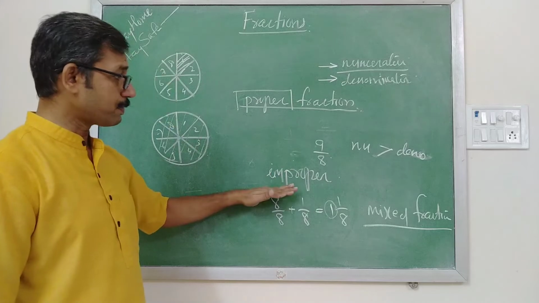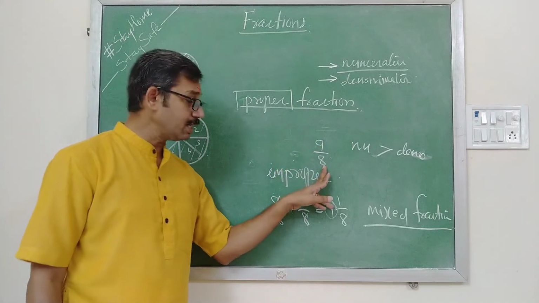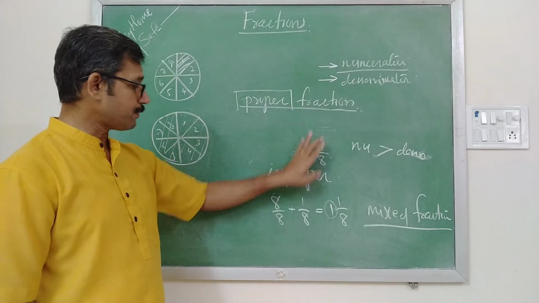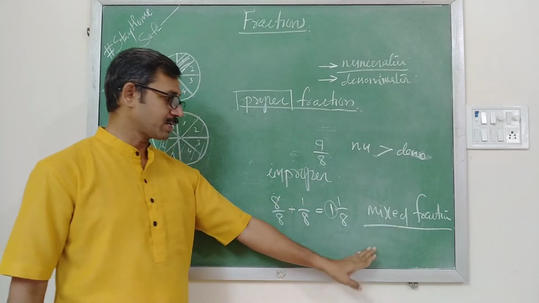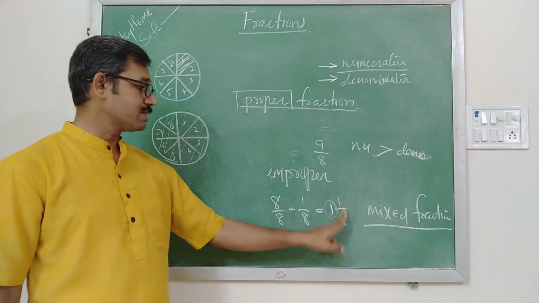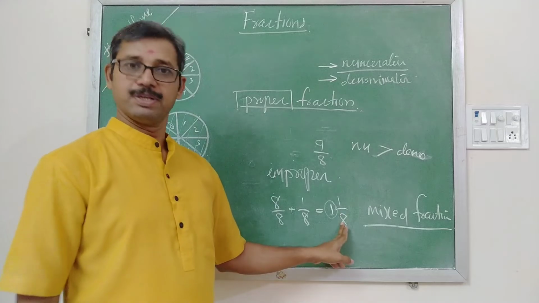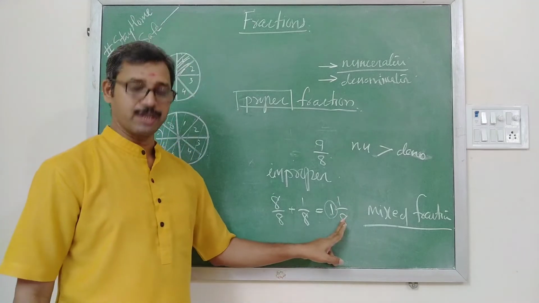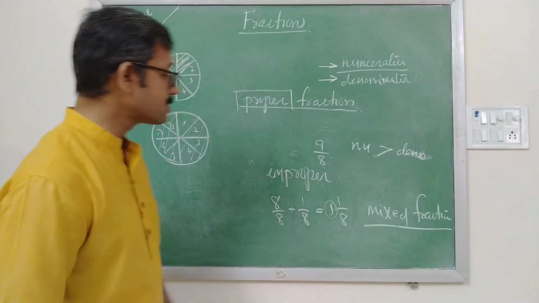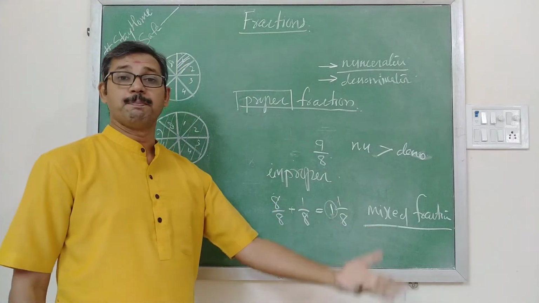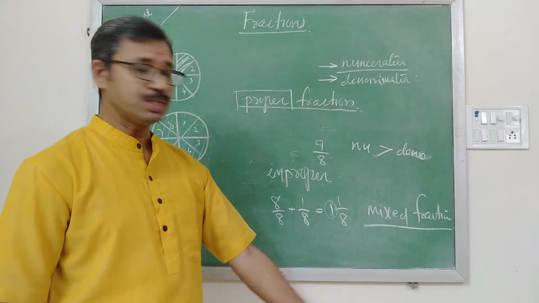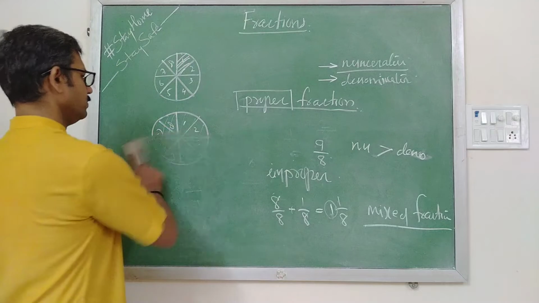In an improper fraction, the numerator will be greater than the denominator, and the improper fraction can be converted to a mixed fraction. In a mixed fraction, there will be a whole number as well as a fraction. Then we can convert this mixed fraction to an improper fraction. Okay, let's see now.